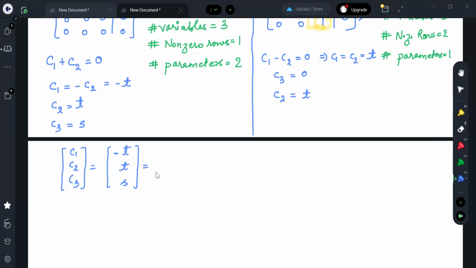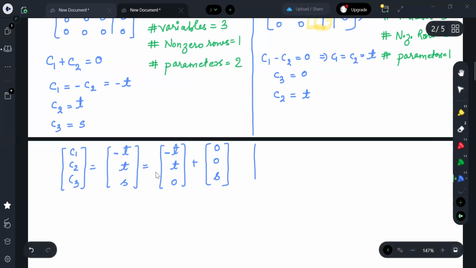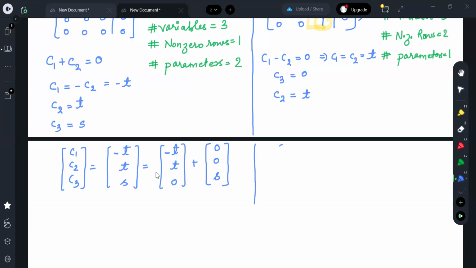Because I have two parameters, I should have two eigenvectors in my eigenspace. So I'm going to break it up based on the parameter value. You have to break it up in such a way that each parameter gets its own vector. And when you add them, you get the vector back. For the other eigenvalue, we don't have to do this work because we only get one parameter.